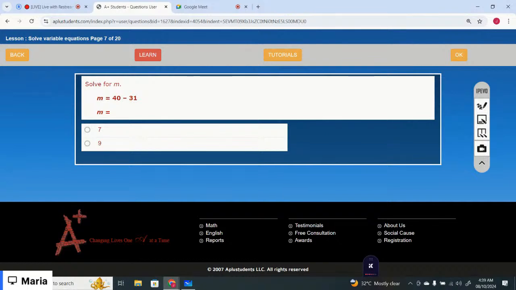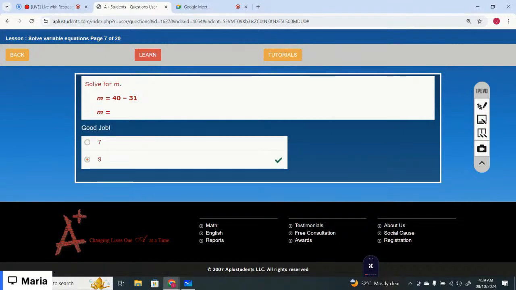The next one is solve for m. M equals 40 minus 31. So which is the correct option? 40 minus 31 equals 9. Option number 2 is the correct option.